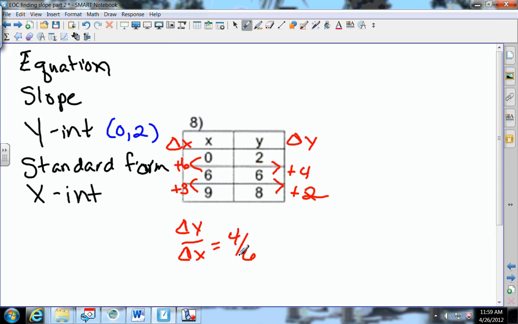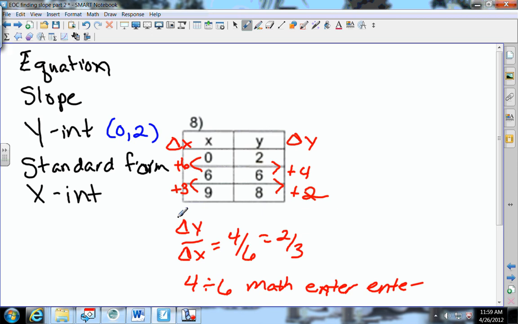Well, it does end up being 0.666, but if I want to make it a fraction, remember slope needs to be a fraction. It does reduce to 2/3, but let me remind you how to do it. Take 4 divided by 6, press math on your calculator, enter 2 times, enter, enter, and it will reduce your fraction.